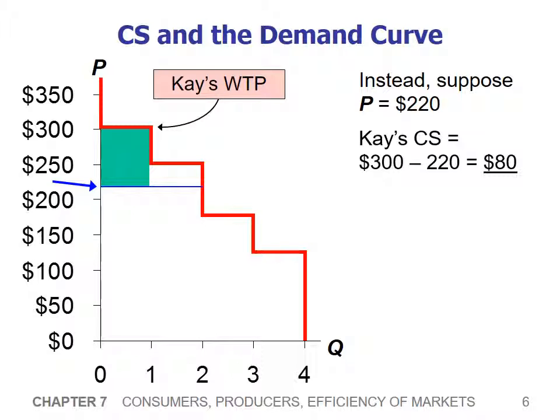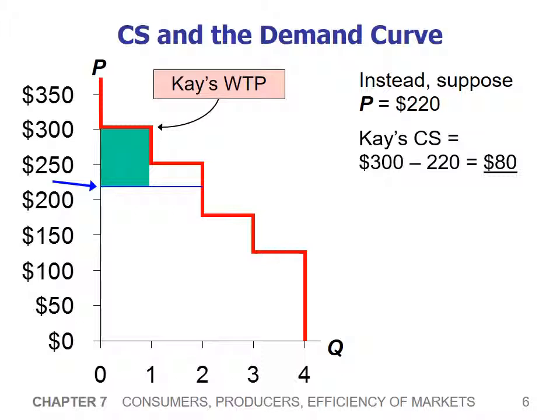Why did we save $20? Well, we valued those jeans at $50, but we landed up paying $30 for them. So in our mind, our benefit of those jeans, or our surplus of those jeans, is $20. In this case, K was willing to pay $300 for that iPod, and she pays $220.